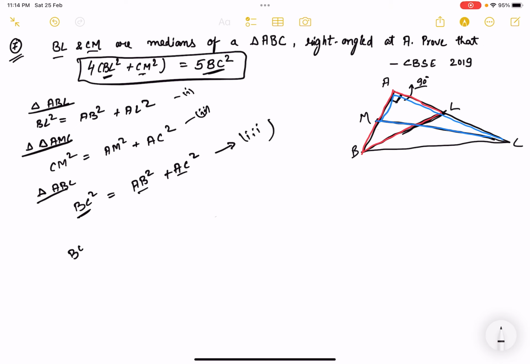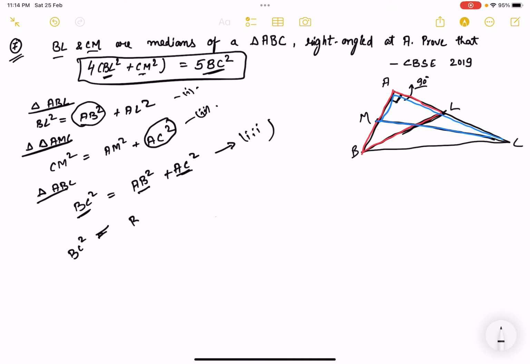So we have BC square is equal to, let's substitute the value of AB square and AC square from 1 and 2. This is AB square and this is AC square. So we'll put the values.